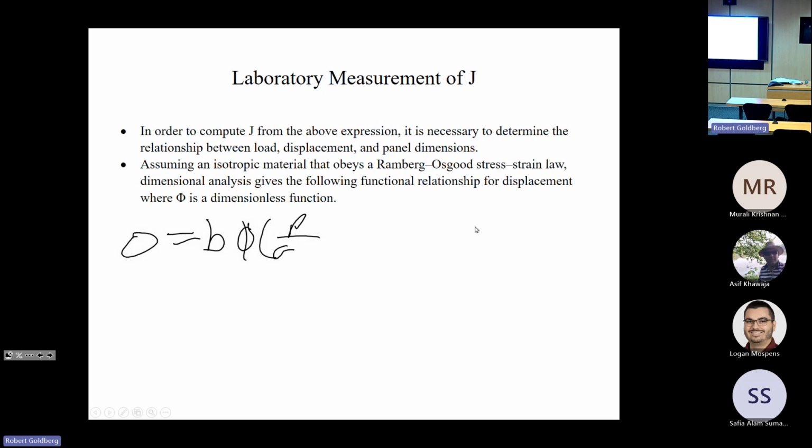It's a function of P over sigma 0 B, A over B, sigma 0 over E, Poisson ratio, alpha, and N. So for fixed material properties, we only need to look at load and specimen dimensions.